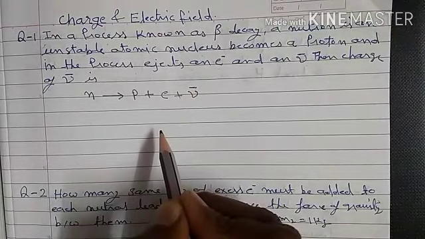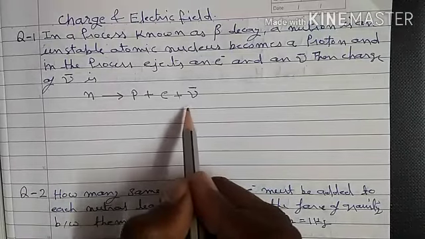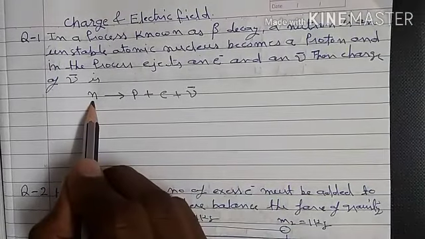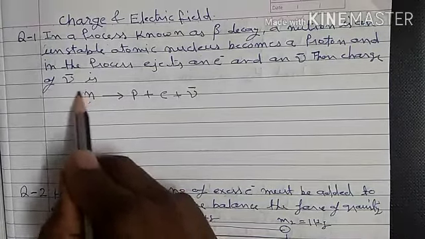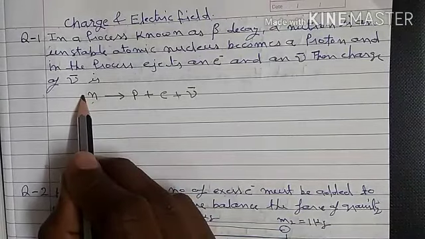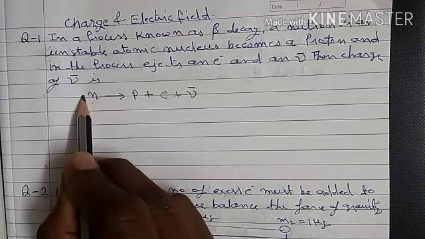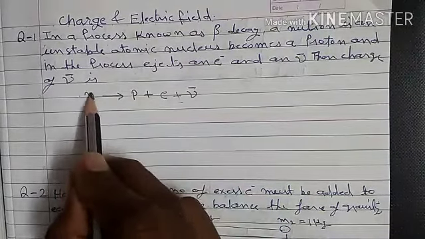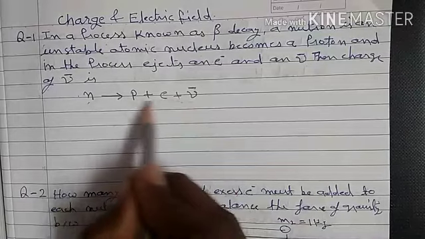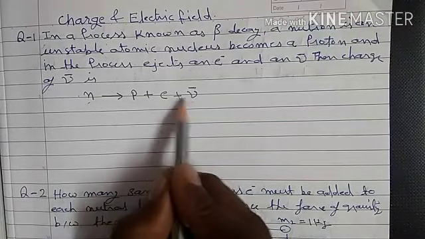As the neutron is electrically neutral, the total charge on the left side is 0. Therefore, the total charge on the right side must also be 0.